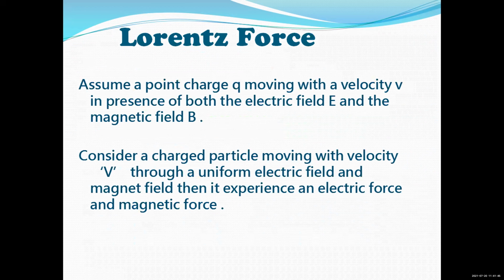Next one is Lorentz force. Assume a point charge moving with a velocity in the presence of both electric field and magnetic field. Consider a charged particle moving with a velocity through a uniform electric field and magnetic field. Then it will experience an electric force and a magnetic force.